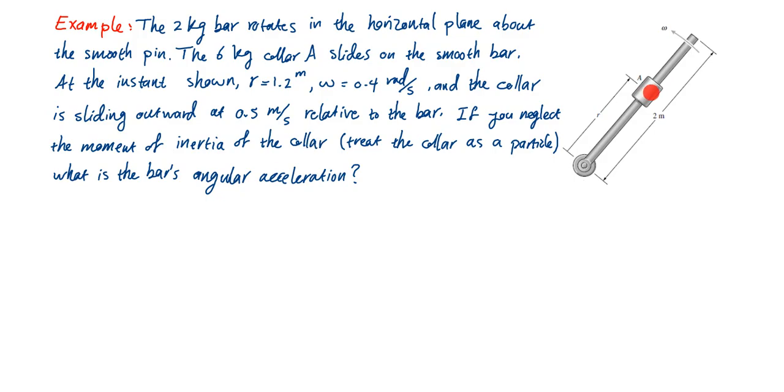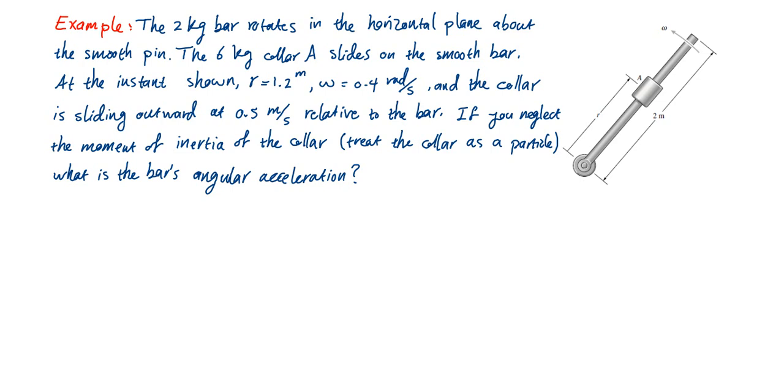Now, if you neglect the moment of inertia of the collar, which means we can assume that this object is just a particle, forget about rigid bodies, look at just this one as a particle. Remember we said the big difference between a particle and a rigid body is that particles only have mass.